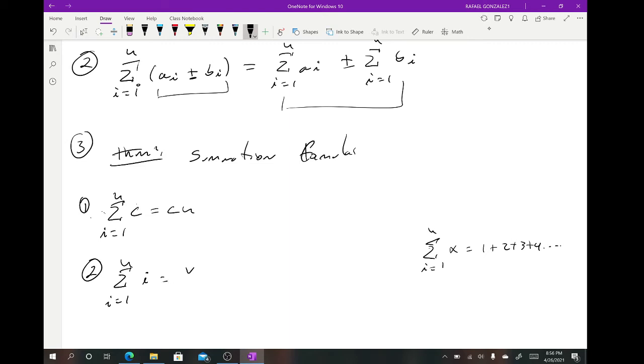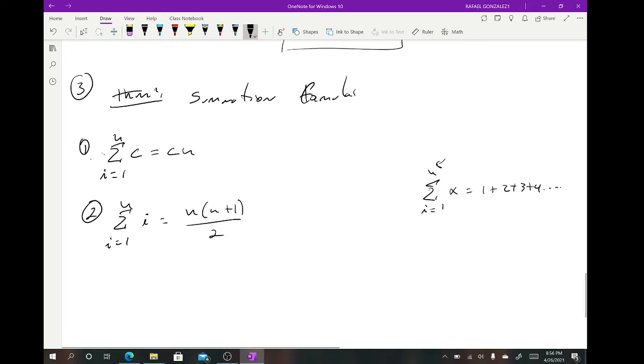And this is actually equal to n times (n plus 1) over 2. I mean, it does stop because we have n up here. So if you add n many terms, this is what they're equal to. The third formula, we have the sum from i equals 1 to n of i squared, and that is equal to n times (n plus 1) times (2n plus 1) divided by 6.